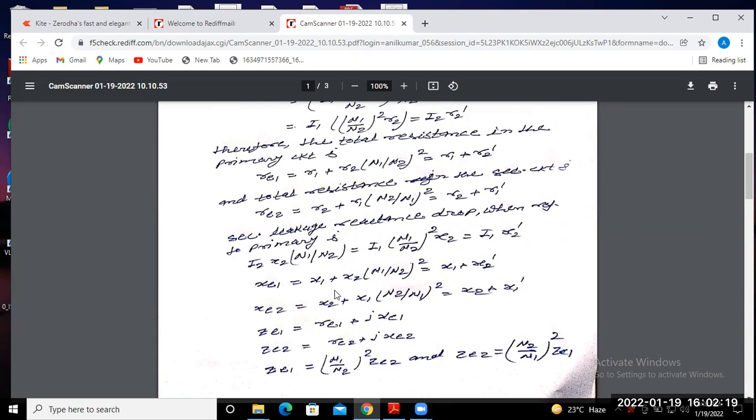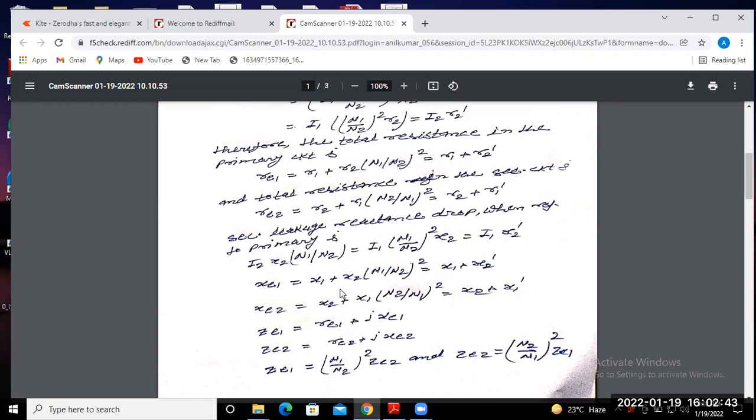So the total equivalent leakage reactance of the primary side is represented by Xe1 and of the secondary side by Xe2. So Xe1 is equal to the primary side leakage reactance plus the secondary side leakage reactance referred to the primary side, that means X2 dash.